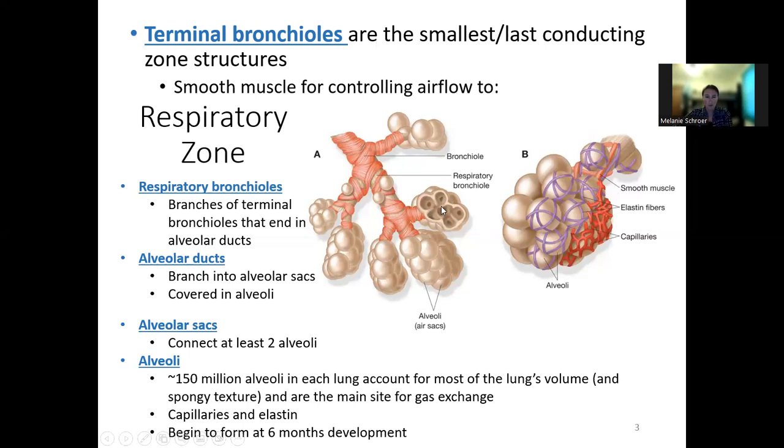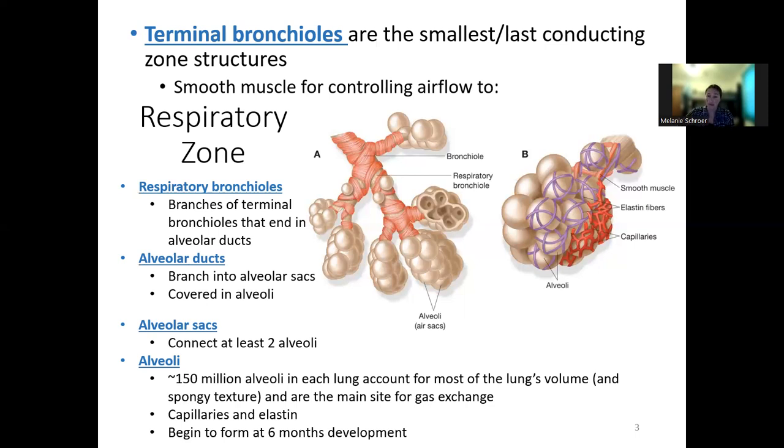We can see these little holes here implying that they are interconnected, so air can flow from here to this one, to this one, and so on and so forth. Each of these alveoli is surrounded, covered, by capillaries. We're going to take a look at this in the next video. These capillaries are delivering the blood to pick up more oxygen before returning it back to the heart.